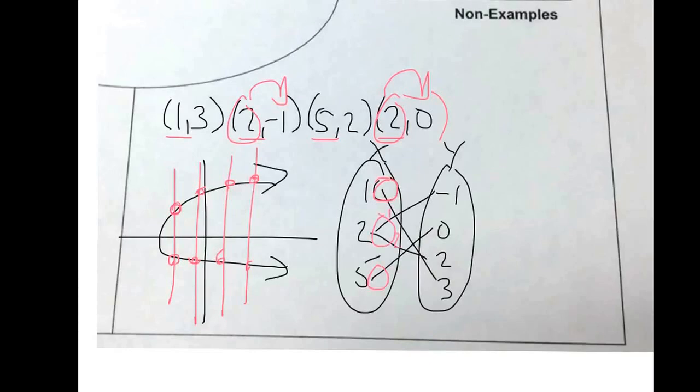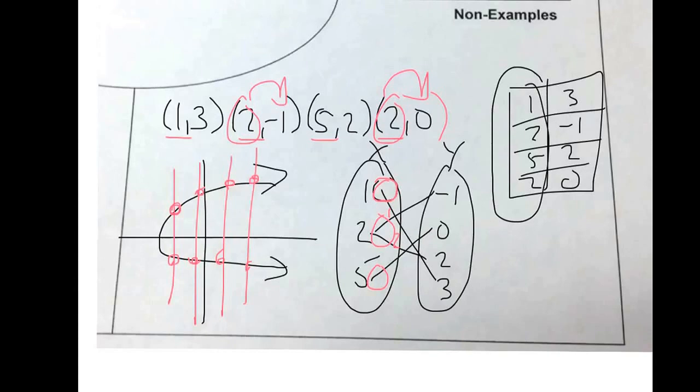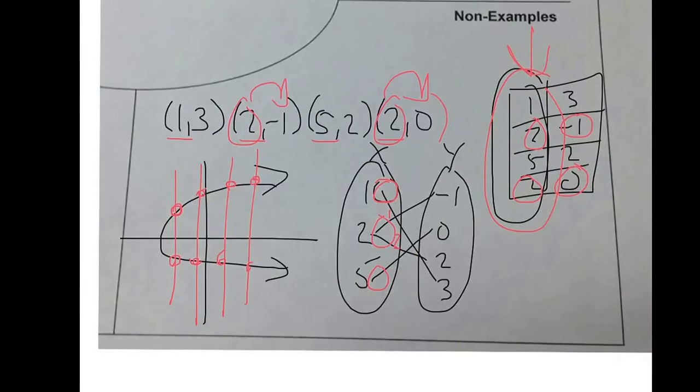And so that makes that not a function. That's a no-no. Okay, here's a table. x is 1, 2, 5, 2 and y is 3, -1, 2, 0. When you look down on this side right here, I see that 2 goes with -1 and 2 goes with 0, and that is a no-no. You cannot repeat on this side with a different y.